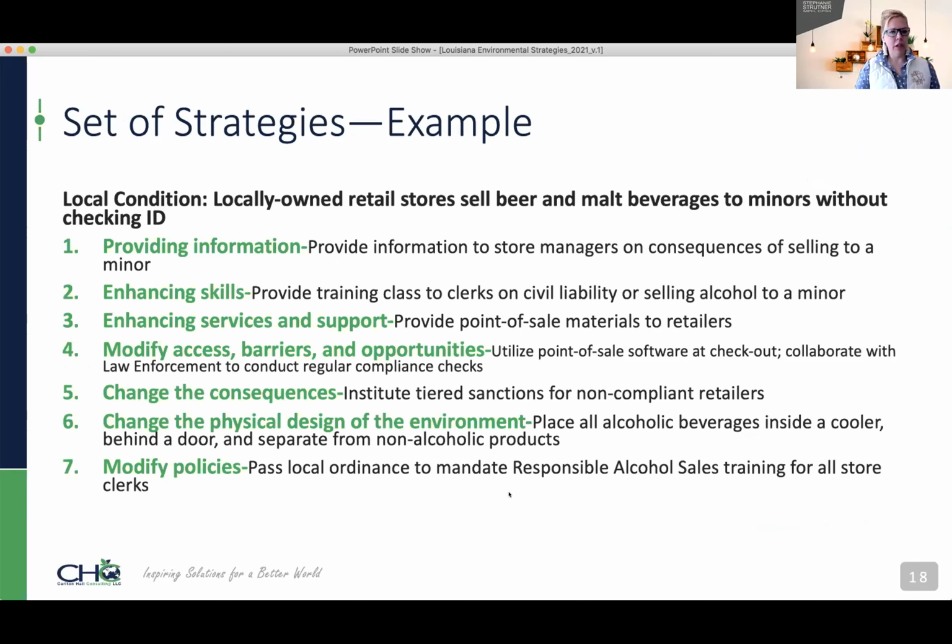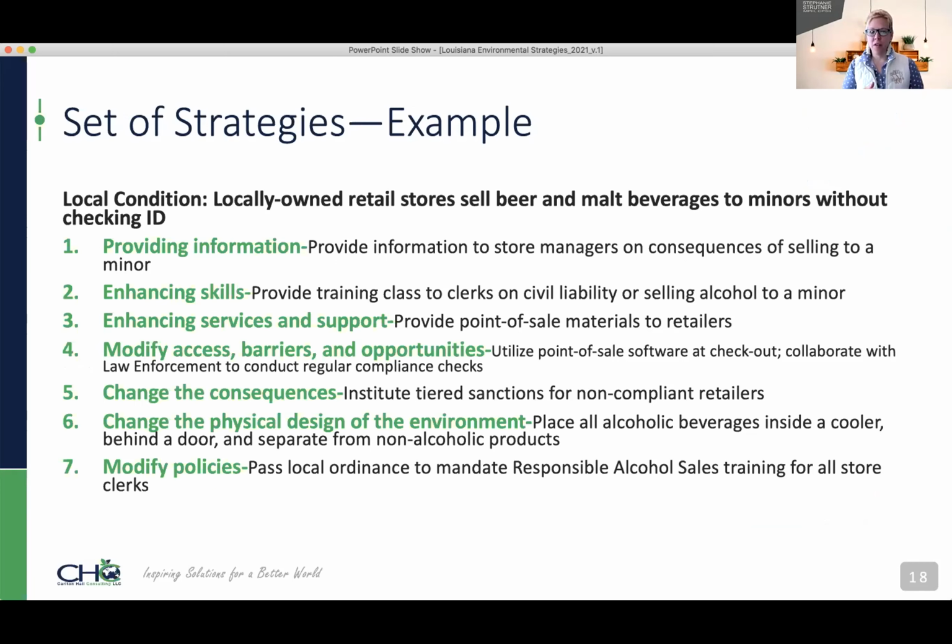And so let's look at some sets of comprehensive strategies as an example. So if we take a local condition that locally owned retail stores sell beer and malt beverages to minors without checking ID, of course, this would tie to the root cause of retail accessibility and the problem of underage drinking.